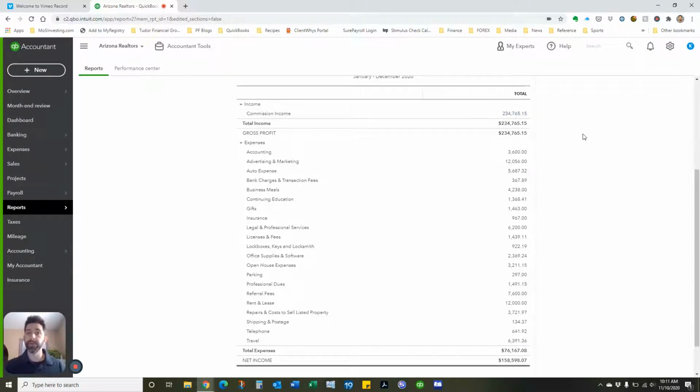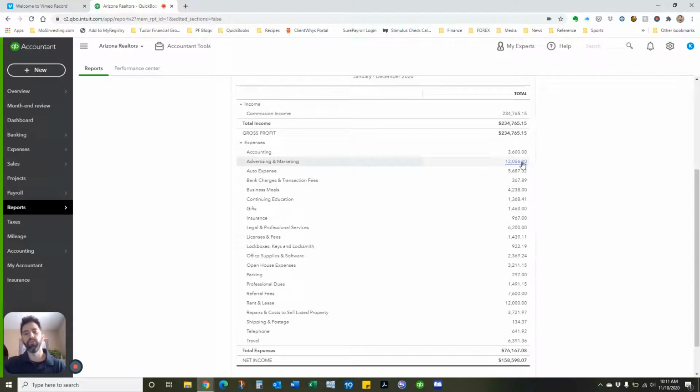It seems like a pretty good return on investment in terms of whatever this company's doing to spend in their advertising, whether that's Zillow or paying a company to do ads or something like that, whatever it is. That seems like a fair number in this case to be spending on that.